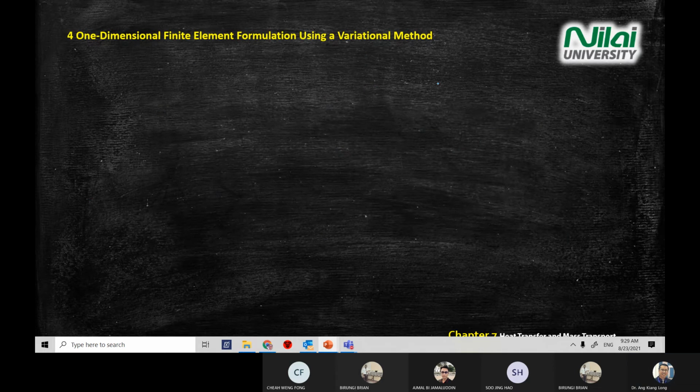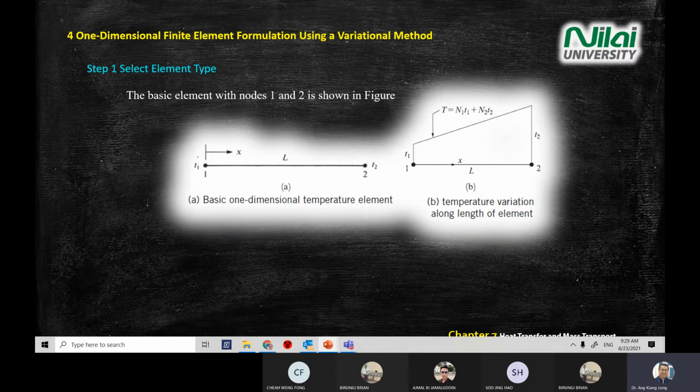Before we end, just to recall that we have 7 steps for finite element analysis, and it applies the same for heat transfer. Then we will stop for today's lesson. First, you select the element type. What I mean by step number 1 is you break your element into a few points. For example, here you break the surface into 2 points, point 1 and point 2, temperature 1 and temperature 2.